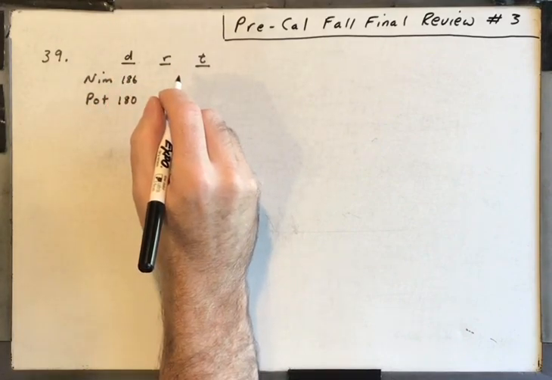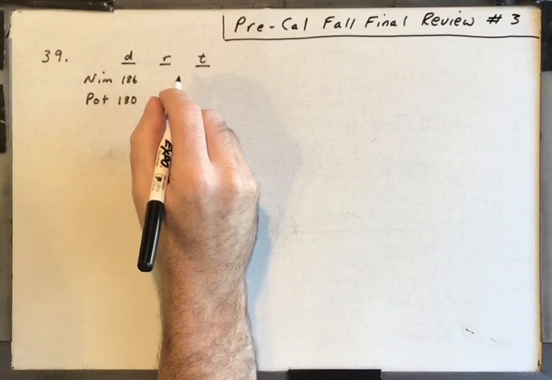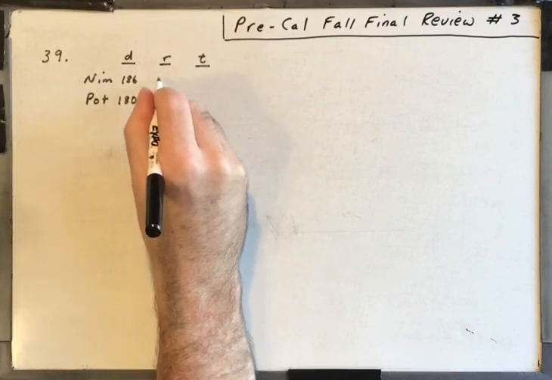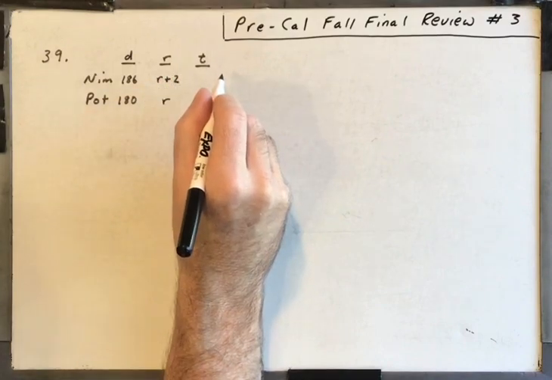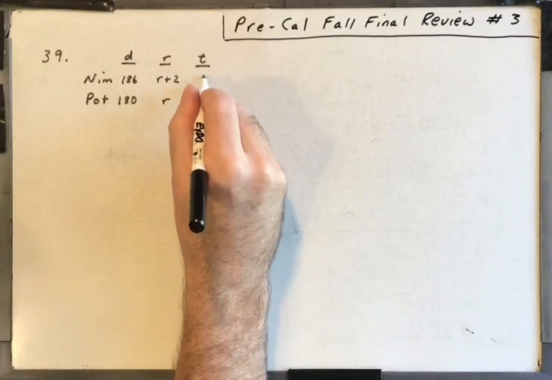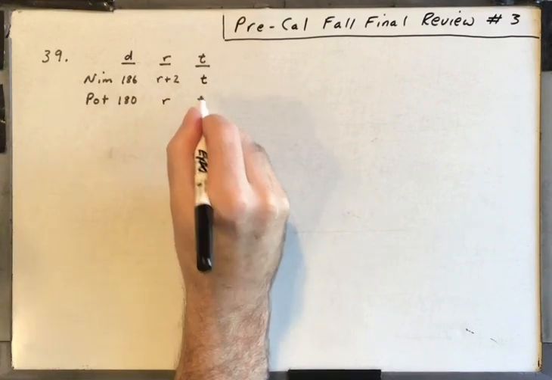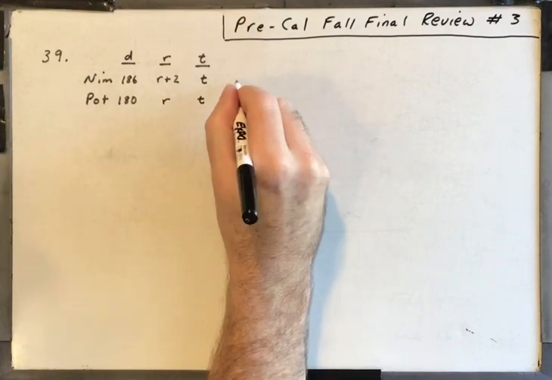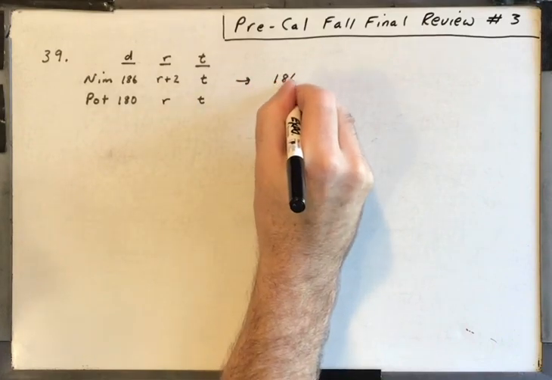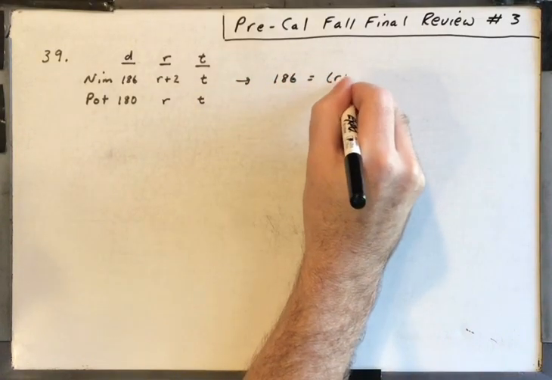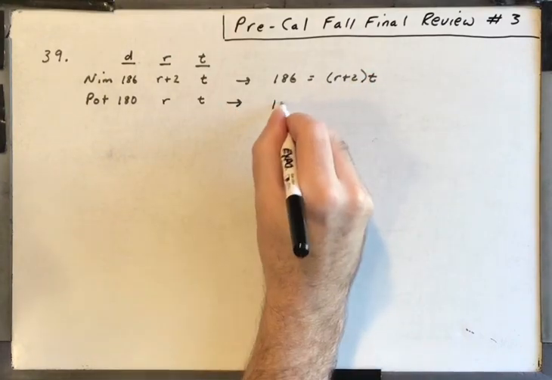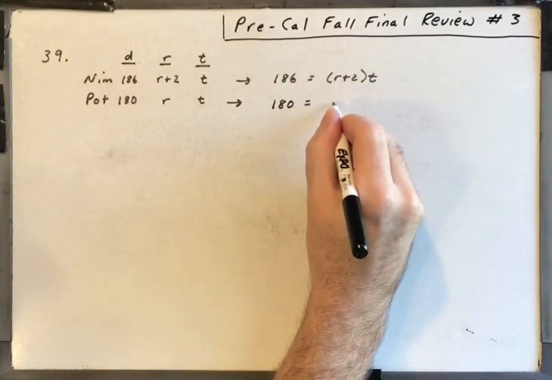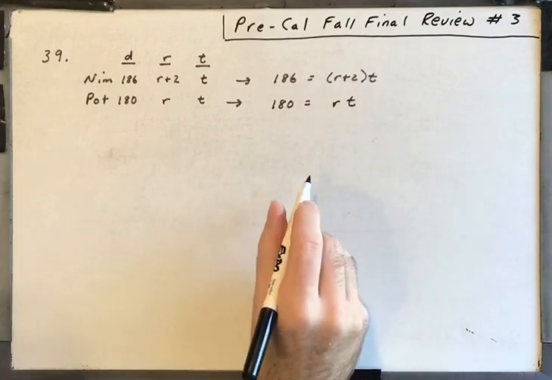All right, the rate is going to be, Potsy is r and Nimrod, he's driving 2 kilometers an hour faster. So we'll go with r plus 2. And it does say that it's the same length of time, so they're both t. So distance 186 is equal to rate r plus 2 times t. 180 is equal to rt.